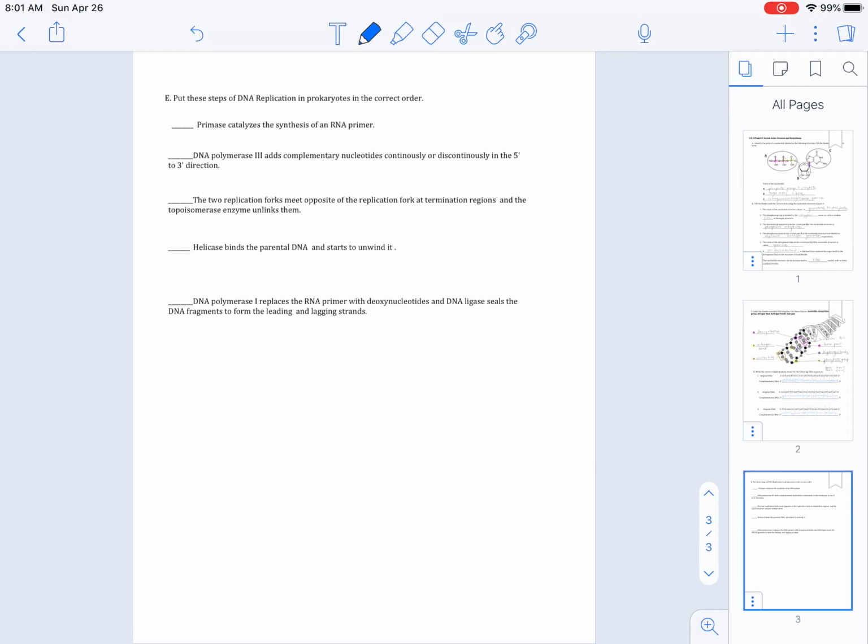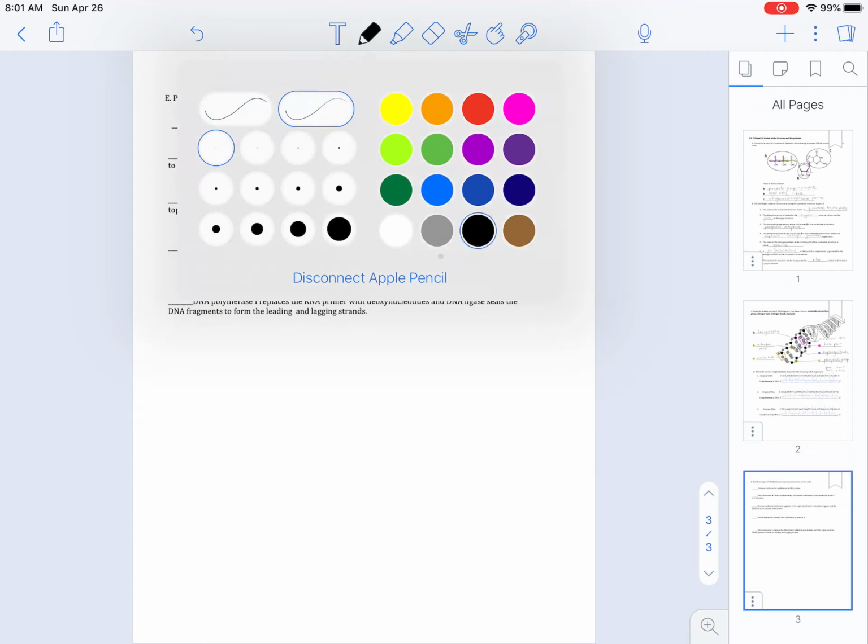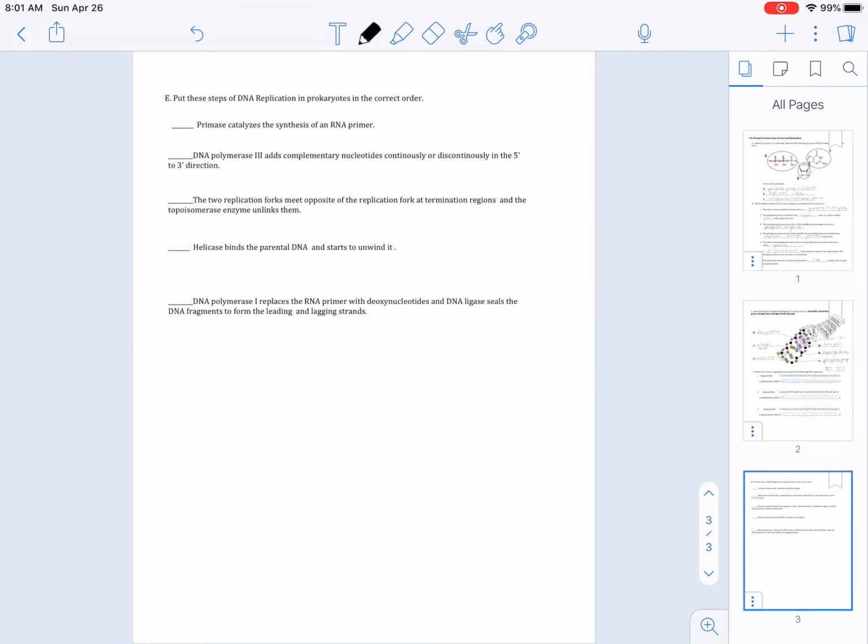In the last part of the worksheet, we are going to be putting in order the steps in DNA replication. This is not representing all the steps that you guys need to know, but more of a generalized step. So when it comes to DNA replication, understand that one of the first things that need to happen is that we need to separate the parental strands.